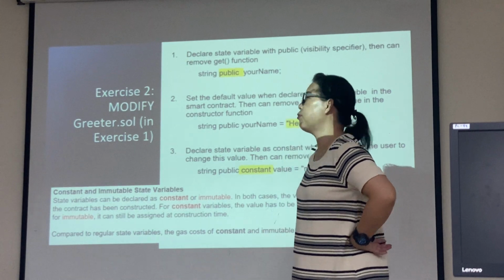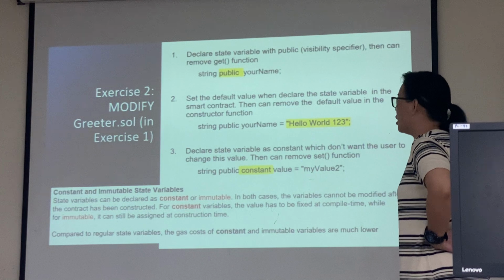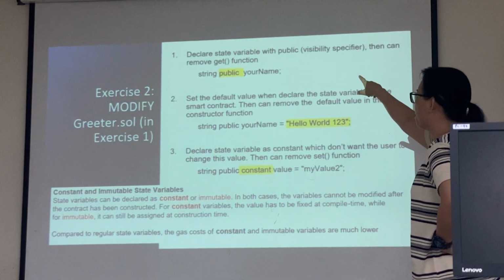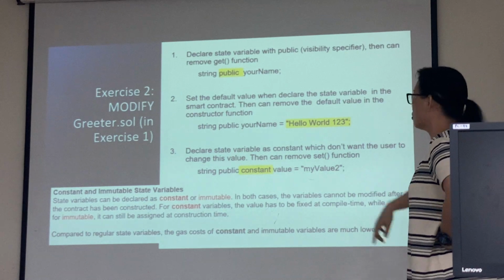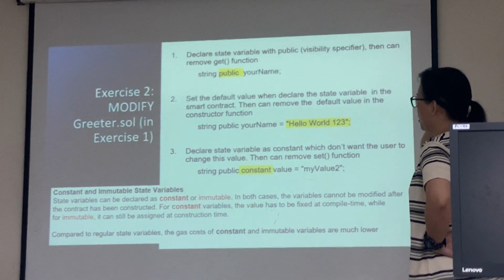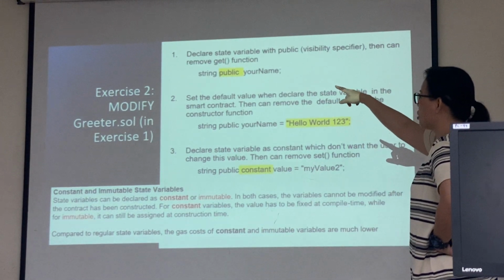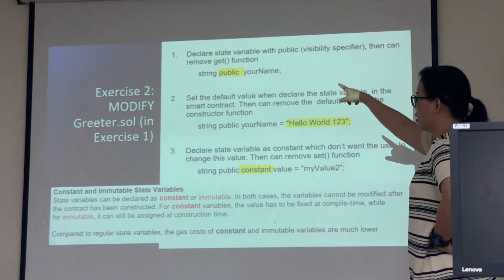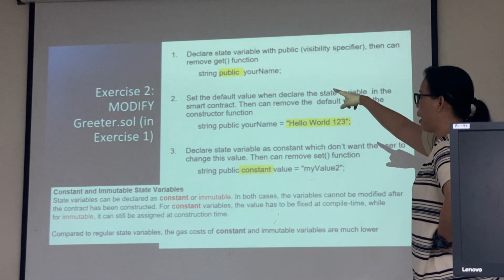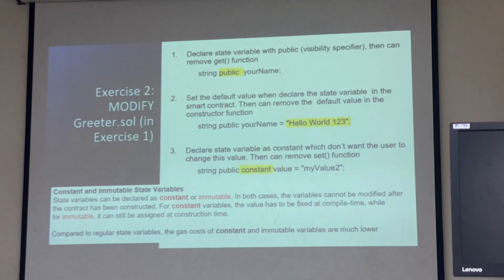Okay? So from here, instead of accessing by using a getter function, declare the state variable using public. So instead of calling the function, you actually can remove the function called get function, and you define your name as public. Okay, so public is a visibility specifier.